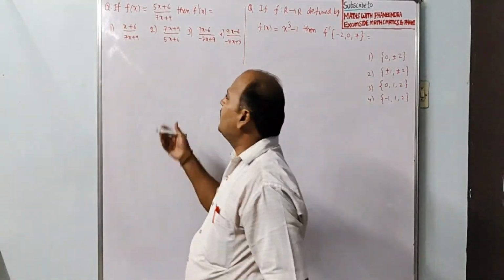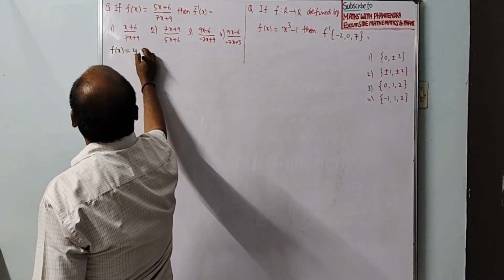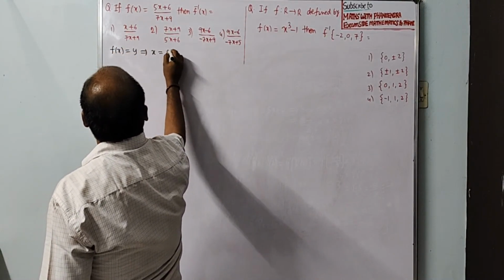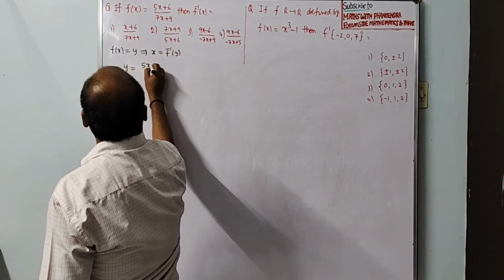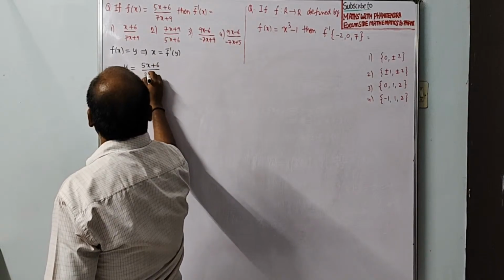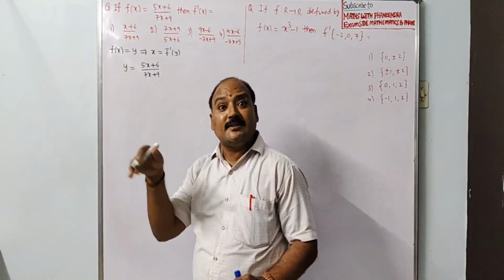As usual procedure, dear students, f of x equal to y, that implies that x is equal to f inverse of y. Therefore, y equal to 5x plus 6 divided by 7x plus 9. So y in terms of x, but I want x in terms of y.